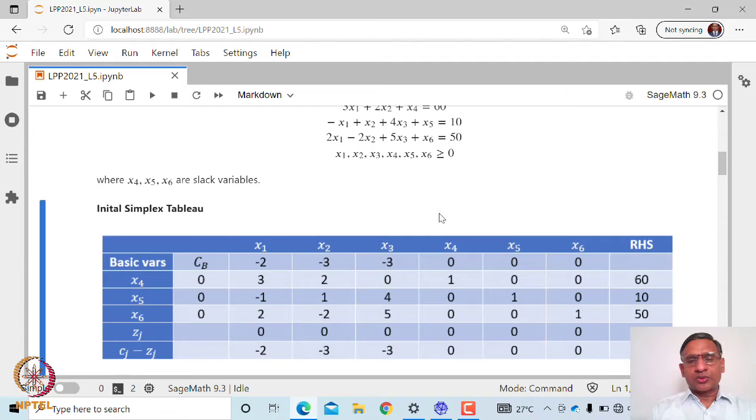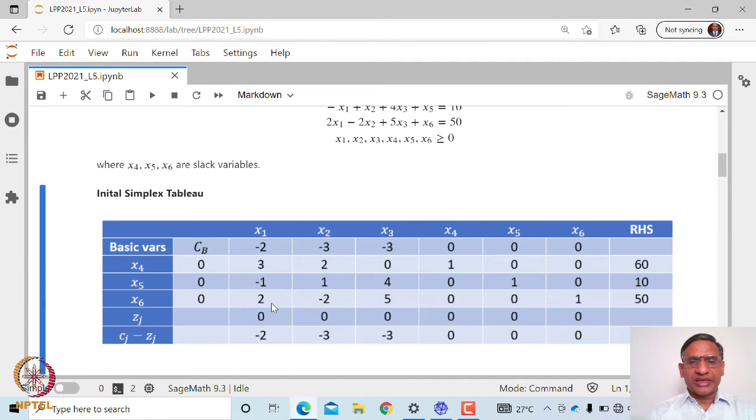Okay. Now, in order to implement this simplex table in SageMath, we will not consider this column corresponding to CB, and also we will not consider this column corresponding to ZJ. Remember how we computed ZJ? ZJ was the dot product of CB with the column corresponding to the non-basic variable.